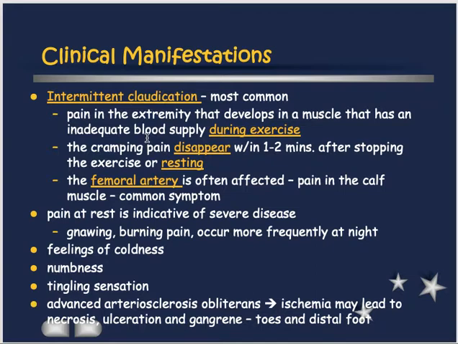Now, this is not the only way this can occur. If the history goes this way, it means it's an atherosclerotic plaque. But what if the patient presents with the same symptoms, and I'm not reading all this because I have discussed these things already, but the patient tells you that this started all of a sudden yesterday?